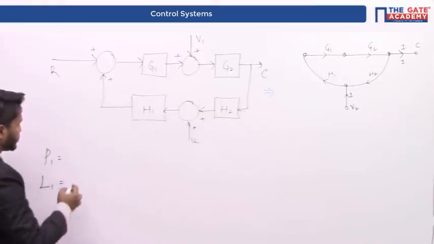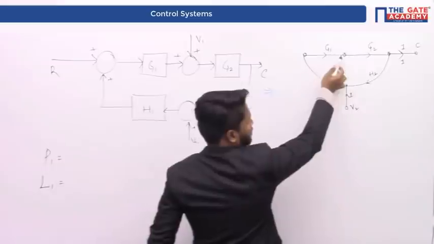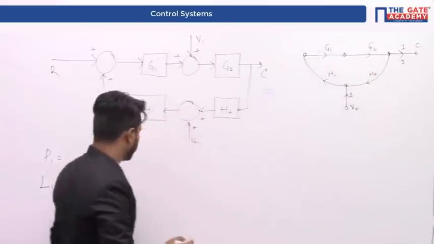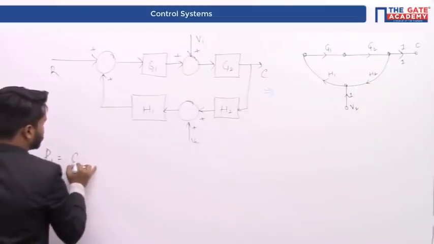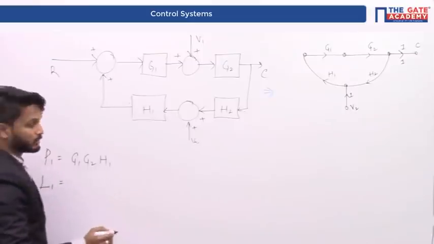Therefore, the forward path gain is P1 is equal to H1 multiplied by G1 multiplied by G2, because that is the only forward path from V2 to C. That is G1, G2, H1. You can write it like this.